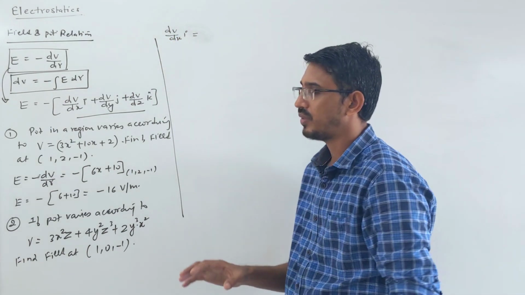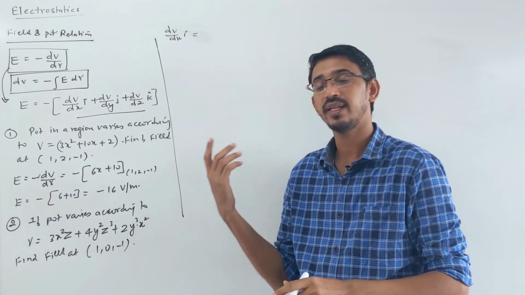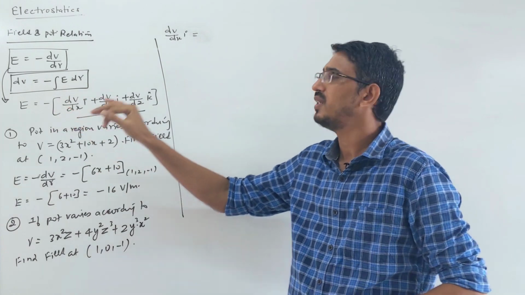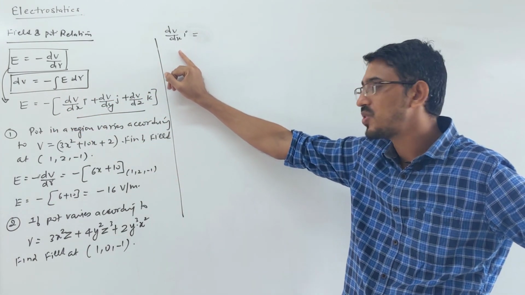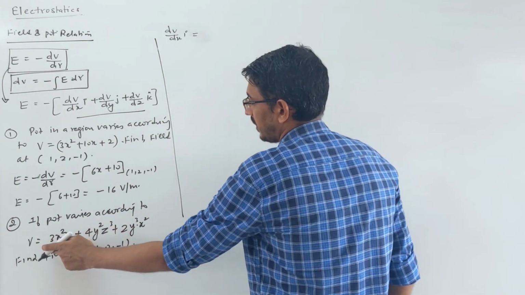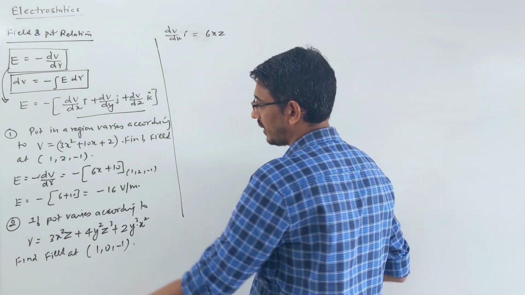So you differentiate with respect to x, keeping y and z constant. This is also called partial differentiation. When differentiating with respect to x, y and z will be constant. So let's differentiate this equation with respect to x. Look here, the first term becomes 6x into z. Correct?